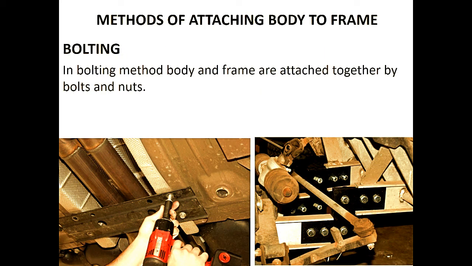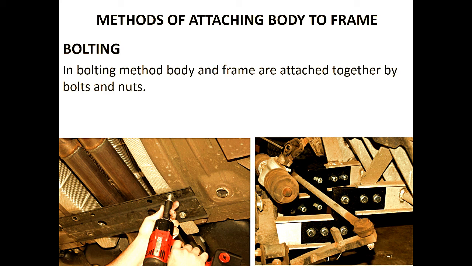In this part of the presentation, we will be discussing only a few methods through which the body parts, the body panels, are attached to the frame. The first one is bolting. In the bolting method, body and frame are attached together by bolts and nuts.